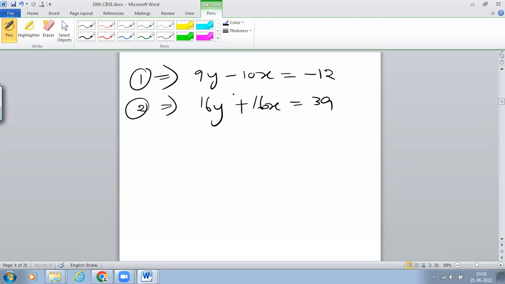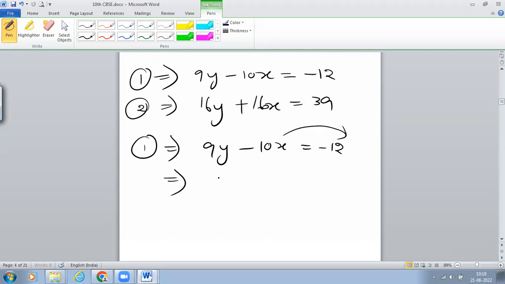Now we have to solve these two equations by the substitution method. Substitution method means we can take this minus 10x to the right hand side. So equation number 1, again I'll write 9y minus 10x is equal to minus 12. Now I'm going to take this minus 10x to the right hand side. What will happen? 9y is equal to minus 12 plus 10x.